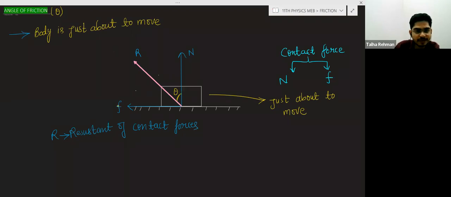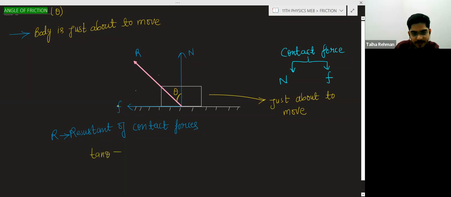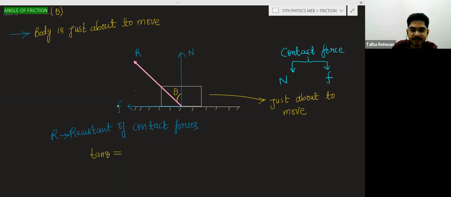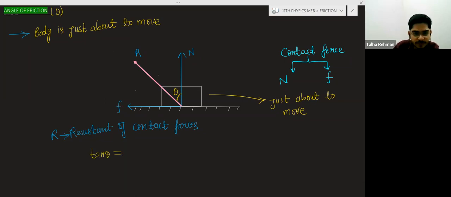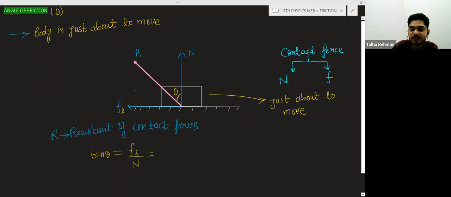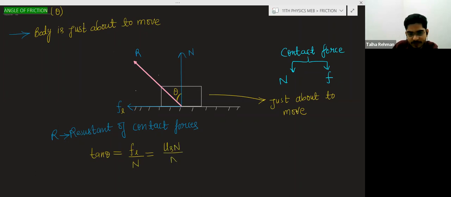Now, if you know how to calculate the value of tan theta, in vectors I have told you how. Tan theta will be, when this body is just about to move, this friction force becomes the limiting friction force. So you can write this as FL divided by N. What is the limiting friction force? Mu S into normal reaction, divided by the normal reaction.